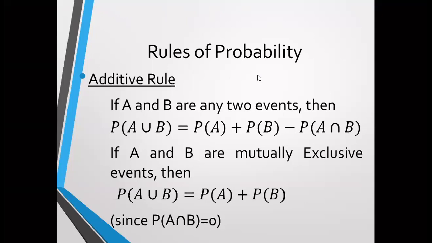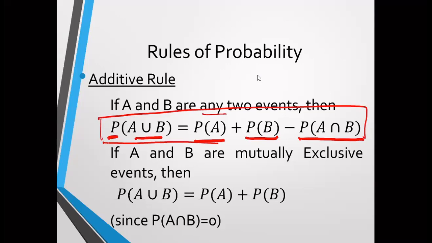First one, if A and B are any two events, those two events can be any of the events, right? Then probability of A union B can be written as probability of A plus probability of B minus probability of A intersection B. You can use this rule whenever you have two events.